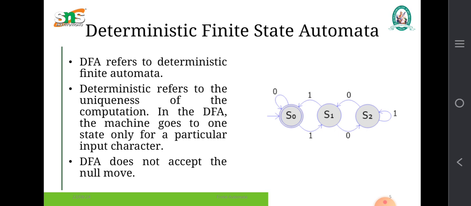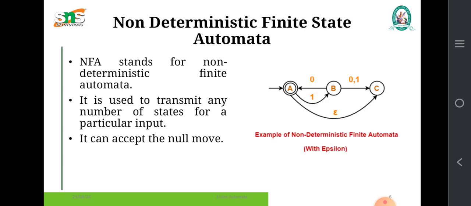Then next one is non-deterministic finite state automata. This is nothing but it can accept more than one input at a time, and also it can accept a null move, that is, it can use an epsilon to move to the next state. So what is the difference between the deterministic finite state automata and non-deterministic finite state automata?